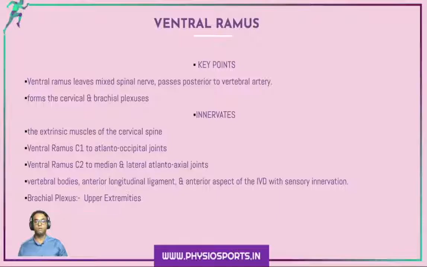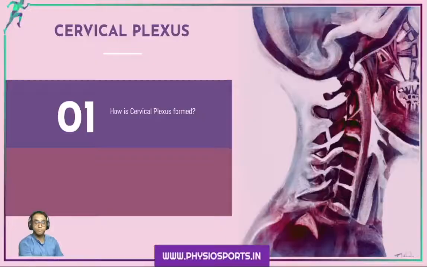The C1 ventral ramus also innervates the atlanto-occipital joint. The C2 ventral ramus innervates the medial and lateral atlanto-axial joint, the anterior longitudinal ligament, and it also innervates the upper extremity by its participation in the formation of the brachial plexus.